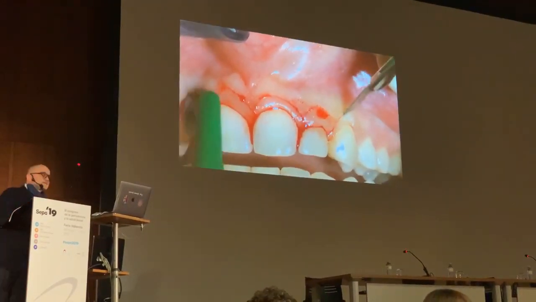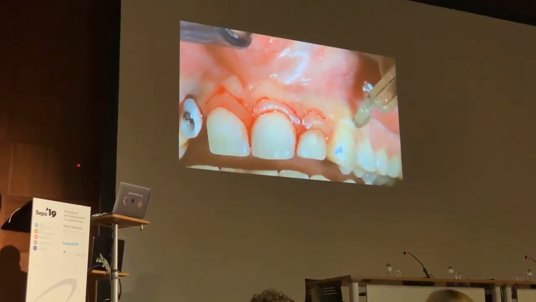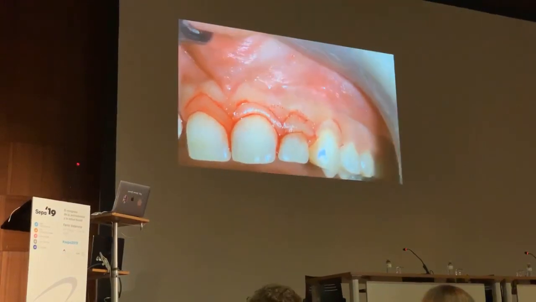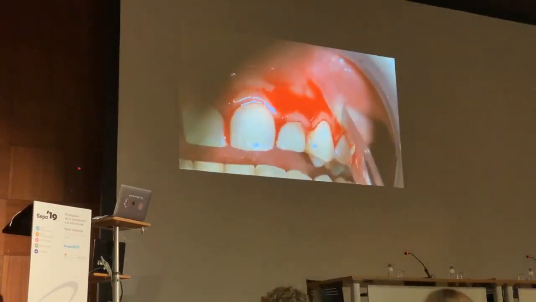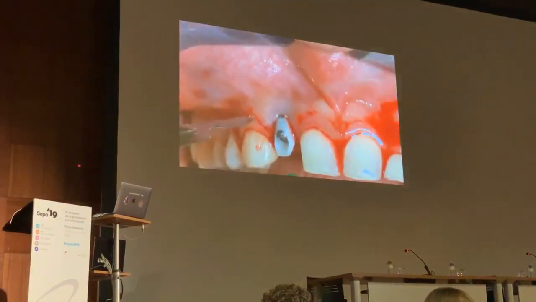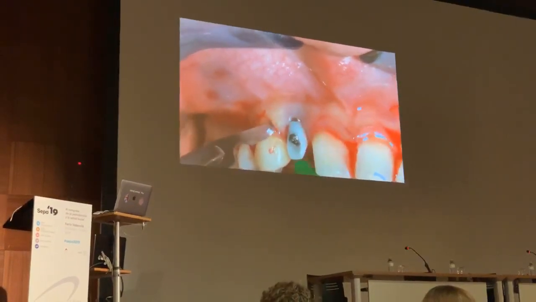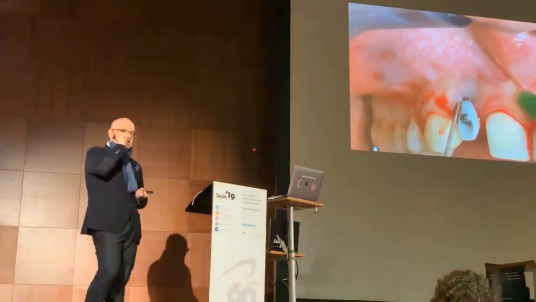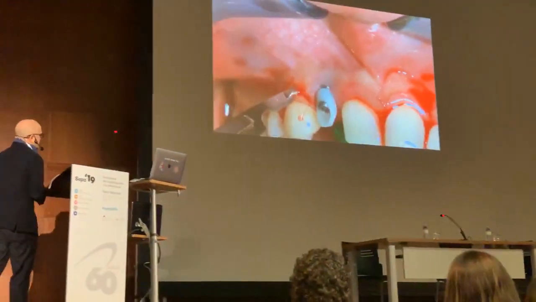And this submarginal incision is not so critical for the aesthetic outcome. What is critical for the aesthetic outcome is how much we will be able to remodel the bone in the right position from the cement-to-enamel junction of each of the teeth included in the flap design.